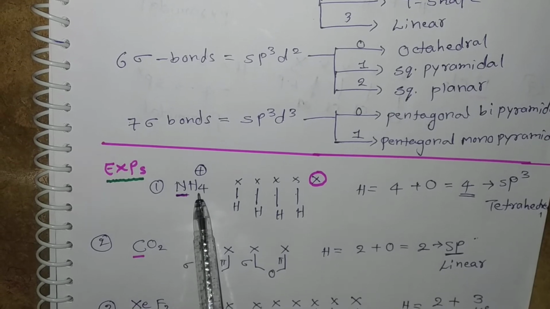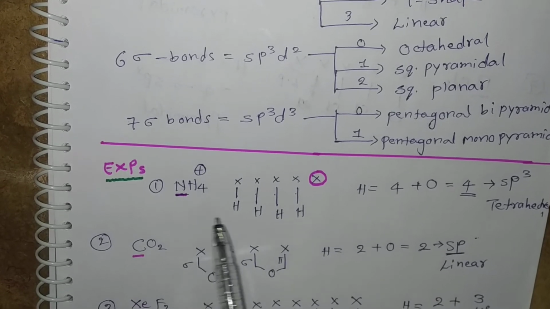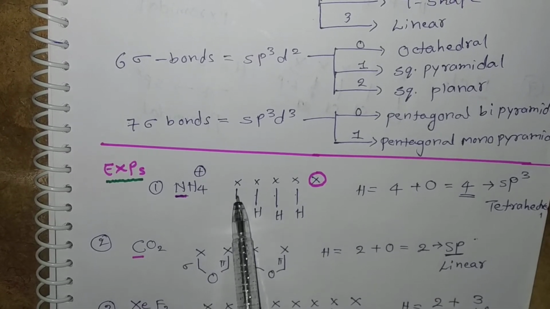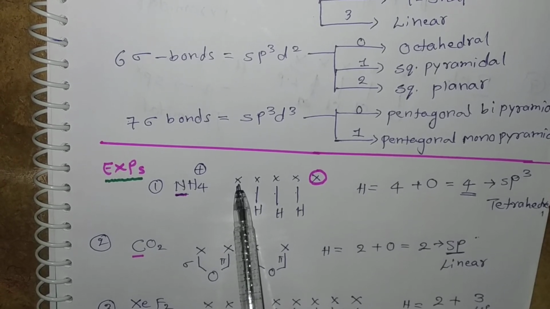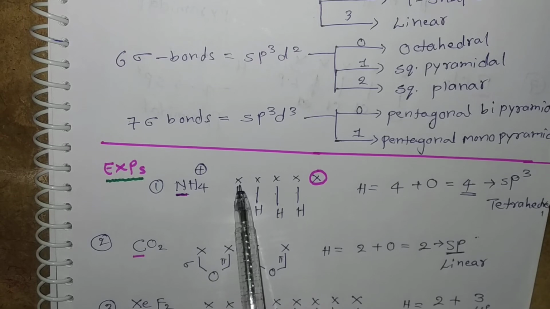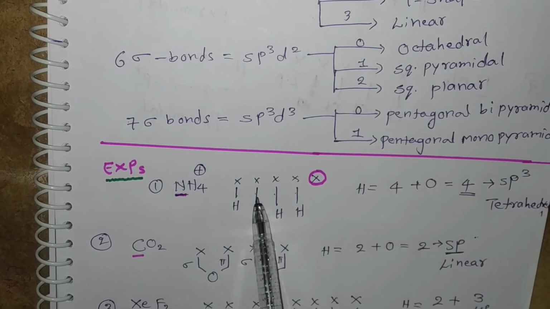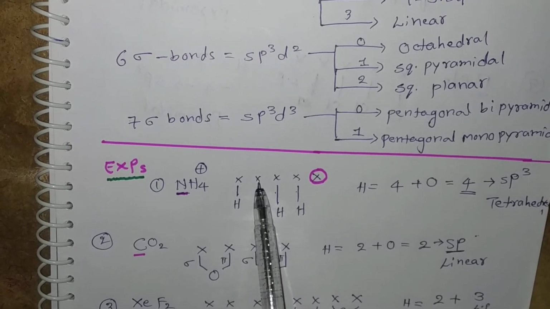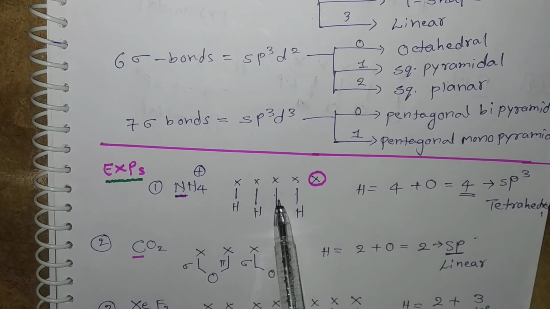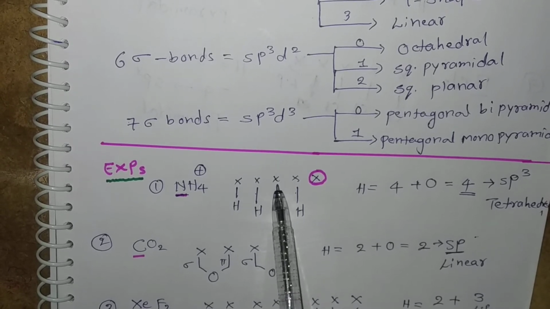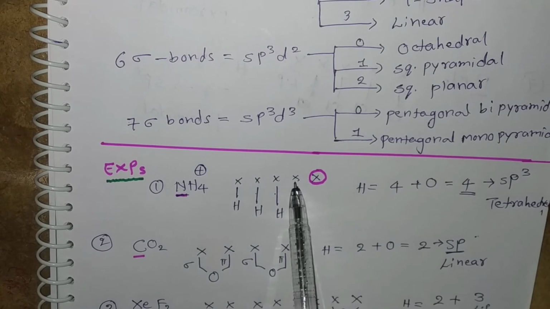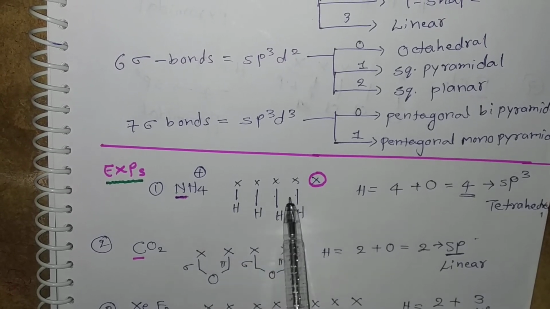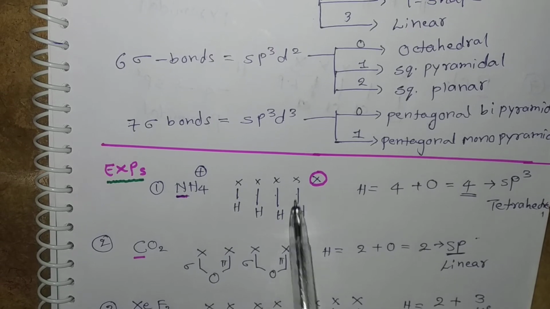Now there are 4 monovalent hydrogens. Each hydrogen forms a sigma bond with a valence electron. Total how many sigma bonds? 4 sigma bonds.